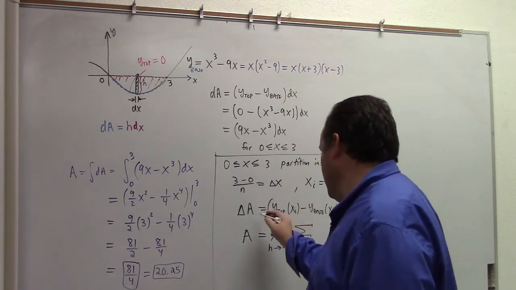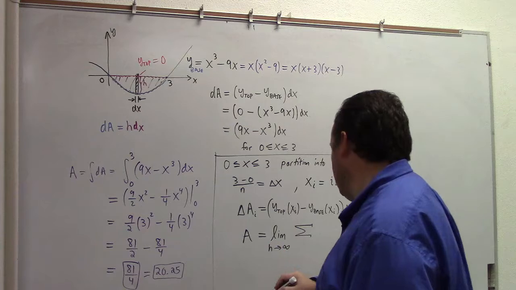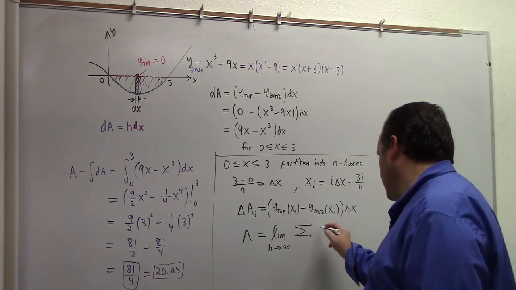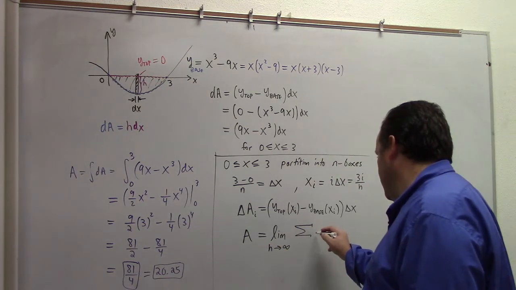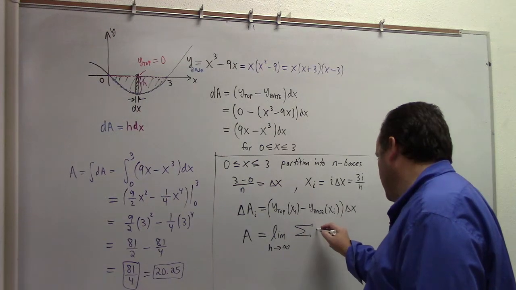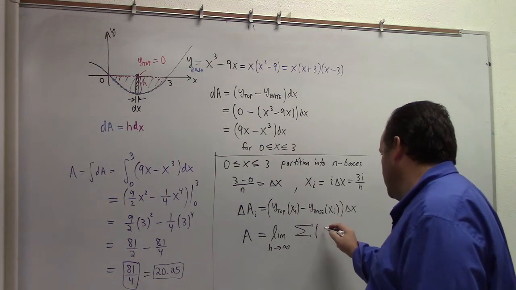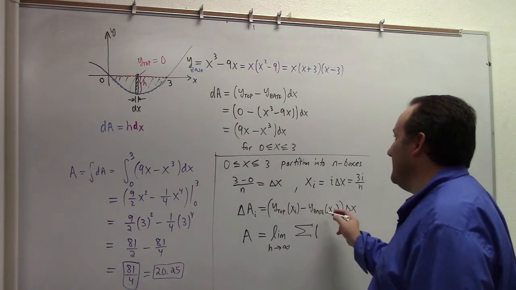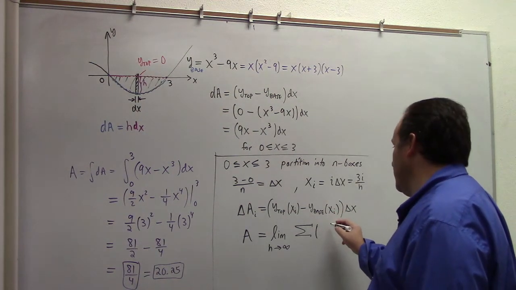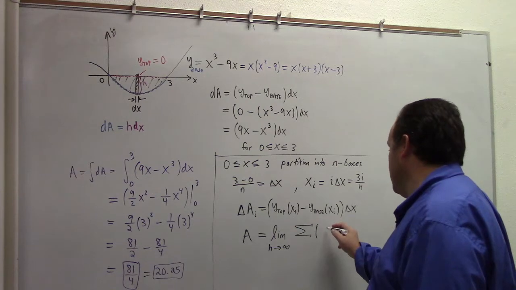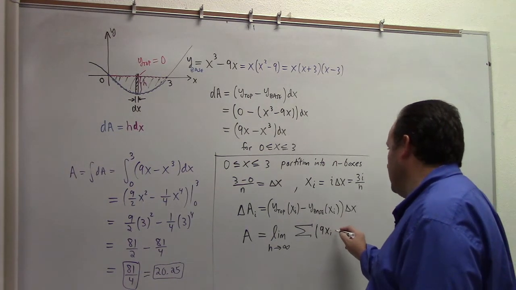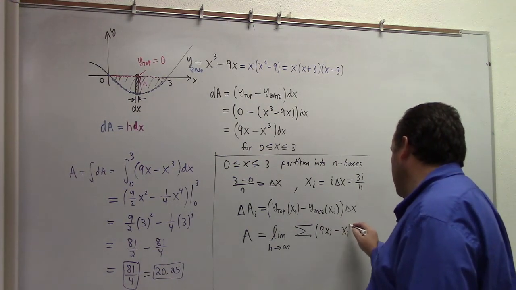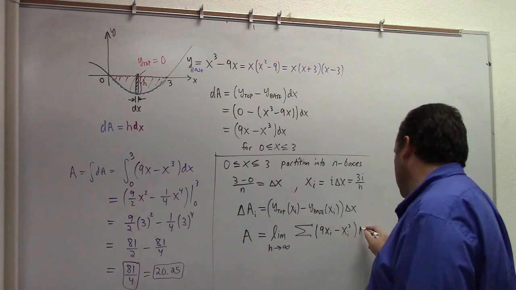So this is the ith delta A of these guys. So that's, let's see here, y top of xi, that's 0. Y base is, I'll just write it this way, 9xi minus xi cubed, times delta x.